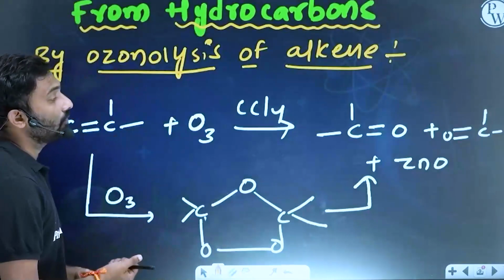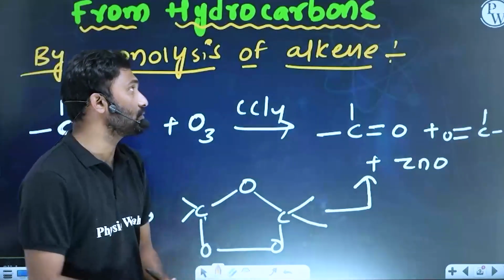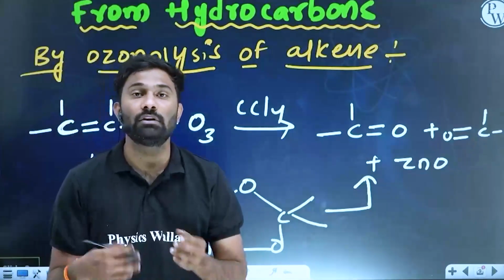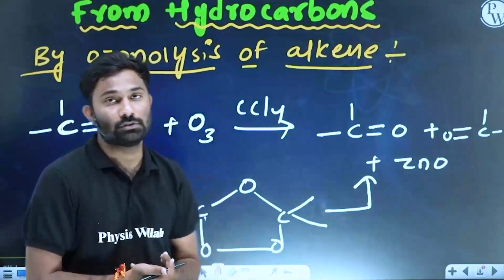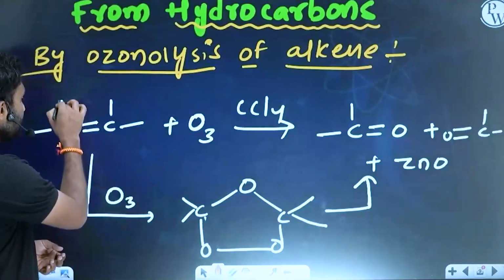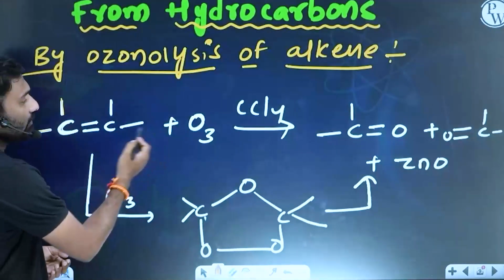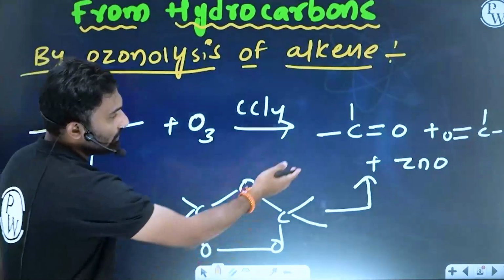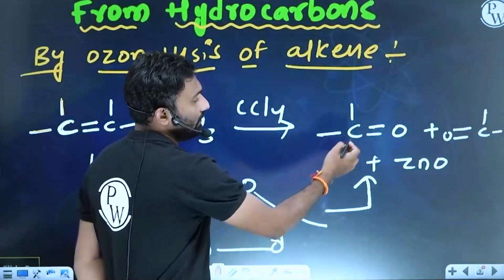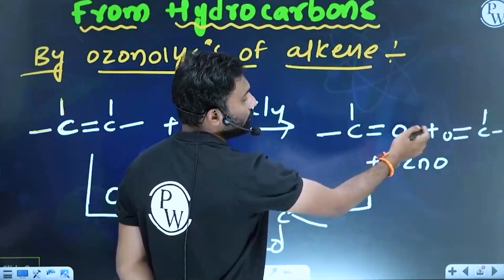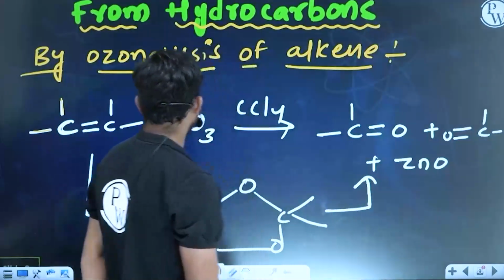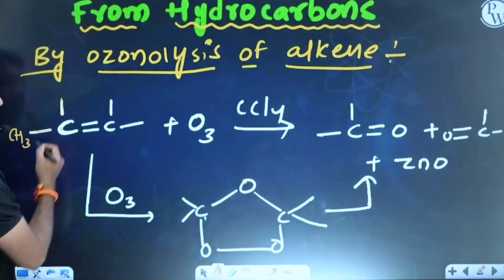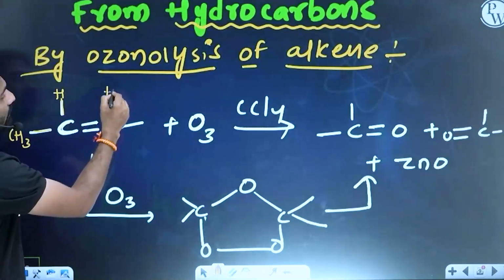next, another method of the preparations of the aldehydes and the ketones is by the hydrocarbons. From them we can prepare the aldehydes and ketones. Look here, this is alkene in the presence of ozone, it will give the carbonyl, 2 moles of carbonyl. Here if I take CH3, and one H on each side.